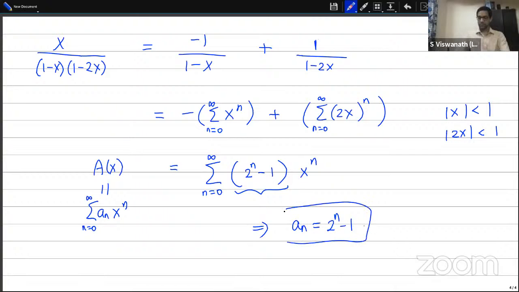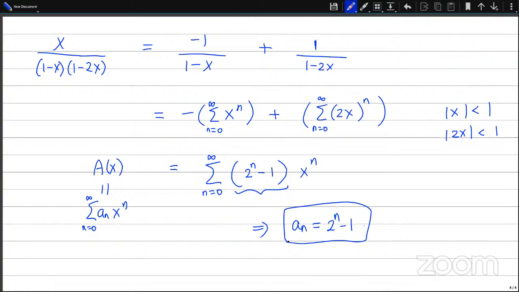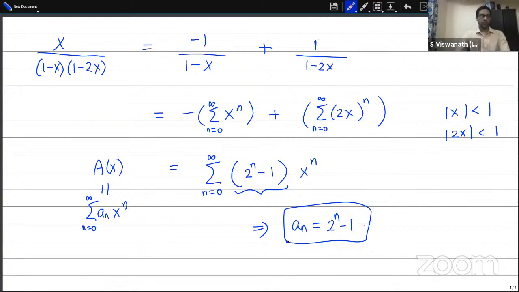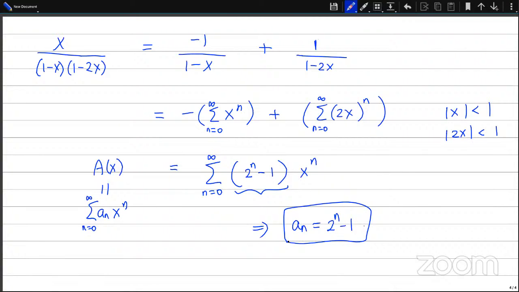So this is one approach to finding solutions to recurrences. In general, if two power series are equal, can we say the coefficients are equal? Why not? That is uniformly convergent, and we can say.